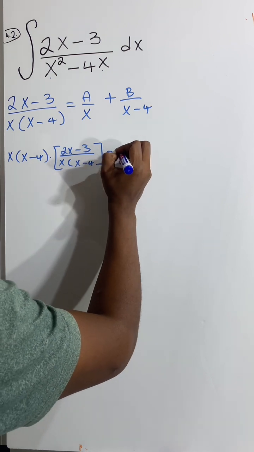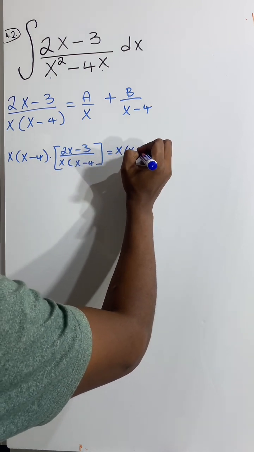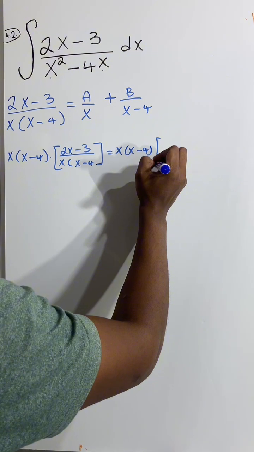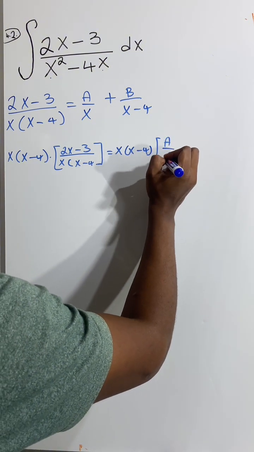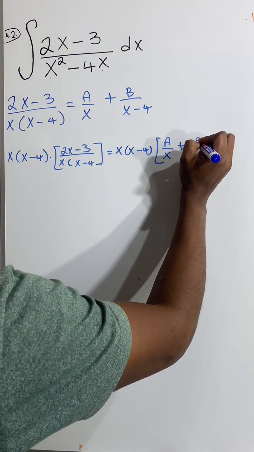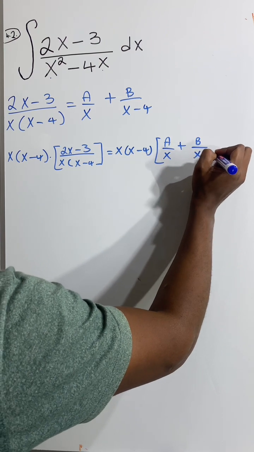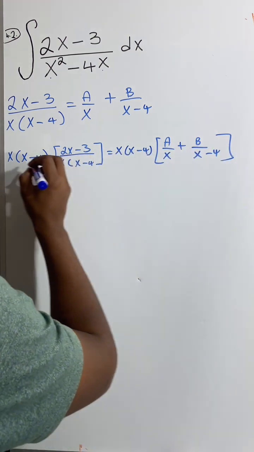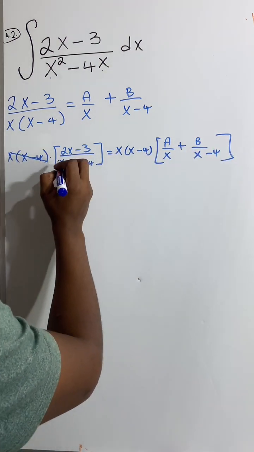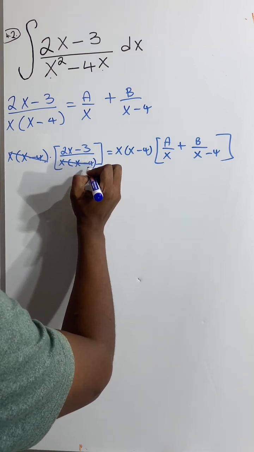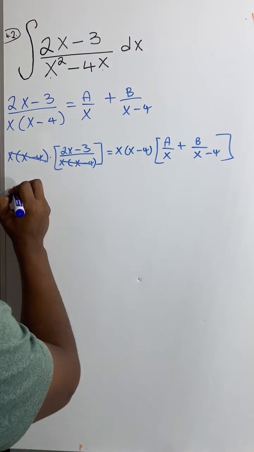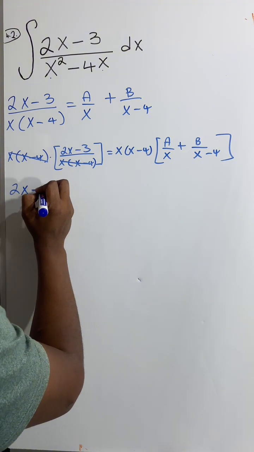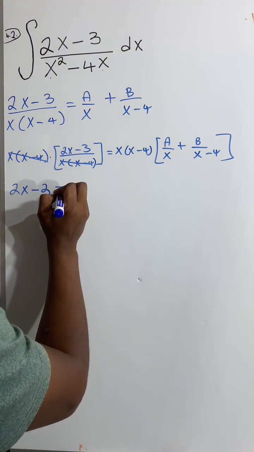What we do on the left, we also do on the right. That x times x minus 4 will cancel out with that x times x minus 4, and we'll be left with 2x minus 3 on the left hand side.